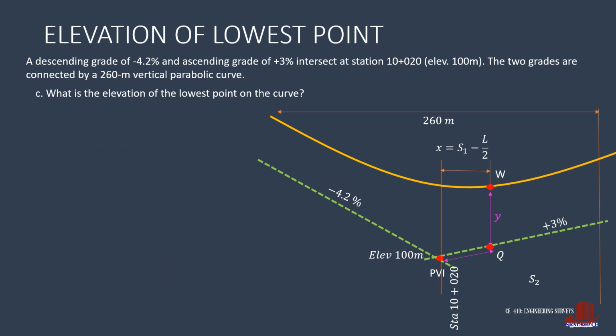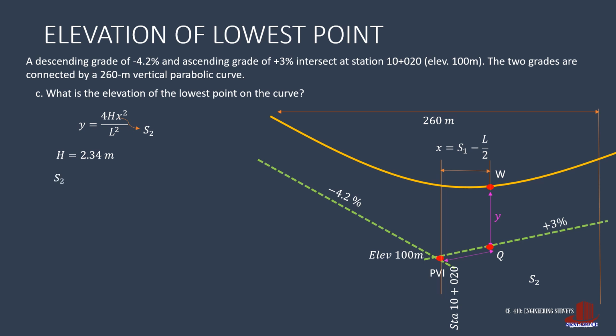After reaching point Q, all we need to do is to take the vertical offset of this point to reach point W. We have the function of y as 4h with the square of x upon L squared. We have just computed h from the previous requirement and got 2.34 meters. But in this case, since the lowest point is at the right half of the curve, x will have to use S2 instead of S1.